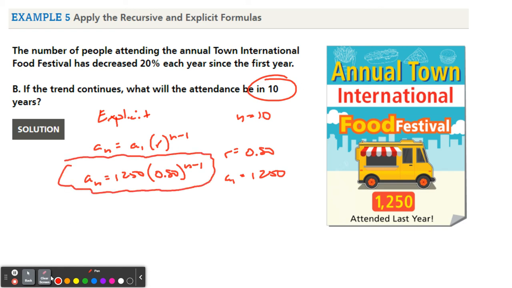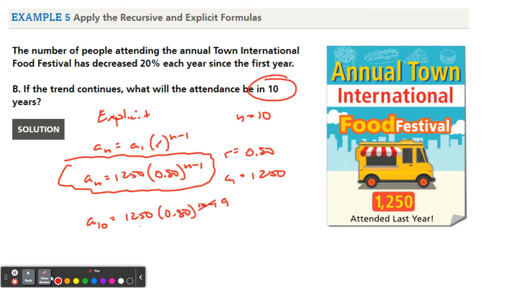Now if I want to find the attendance in year 10, let's just plug in 10 for n. So a sub 10 equals 1250 times 0.80 to the 10 minus 1. Of course, 10 minus 1 is 9.